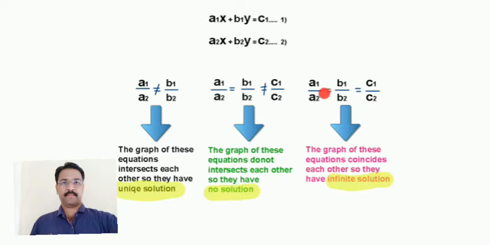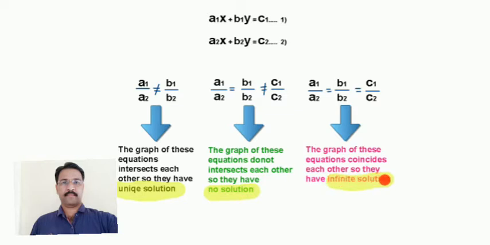Okay, now the third option is what? If all the three ratios are the same, that means these two equations are not distinct, they are the same. Why? Because the ratio is equal, definitely they are the same. The graph of these equations coincides with each other, so they have infinite solutions.